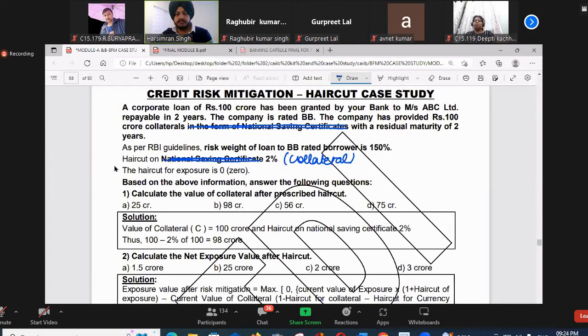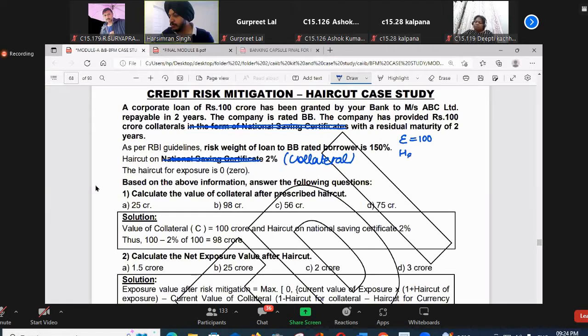So first question, calculate the value of collateral after the haircut. How much is the haircut on collateral? 2%. And what is the value of collateral? See, in this question, exposure is 100.